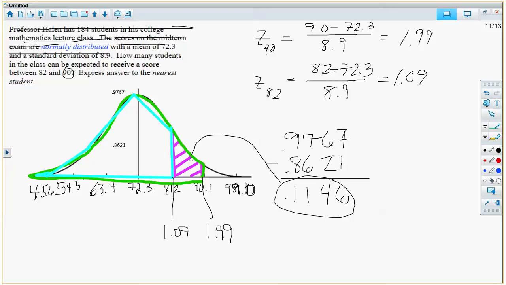Magenta, the magenta or purple, whatever you call it right there. It's 11.46. How many students? 12 or 11? Be 11. 11 students in the class can be expected to receive a score between 82 and 90.